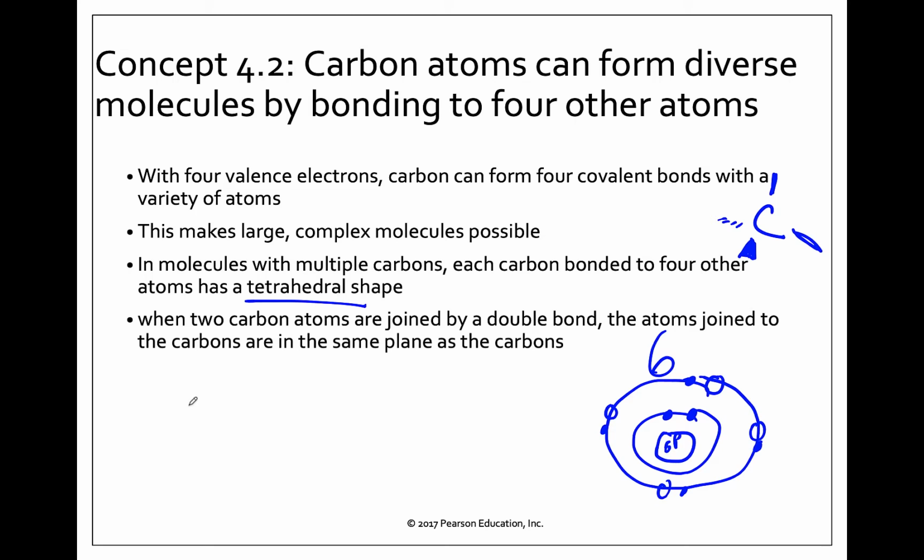When a carbon forms a double bond with another molecule, it actually strains 2 of these bonds and it has to form in the same plane here. So this is actually going to be a flat plane. It doesn't go into or out of the screen. And so a double bond here is going to give something a different structure.